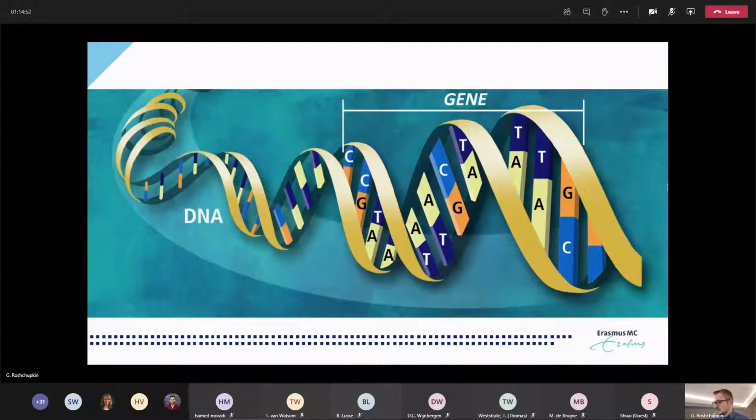What is interesting is that even between two random people on this call, we have millions of mutations or variations in these letters, which might be silent, so they don't cause any difference between us, but a lot of them cause differences in height, BMI, hair color, eye color, but also medical conditions. That's why it's interesting to study, to understand the cause of various diseases.